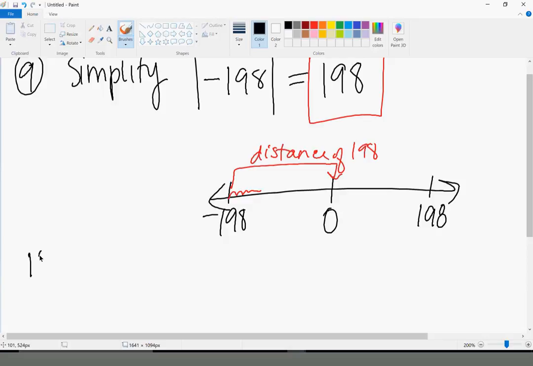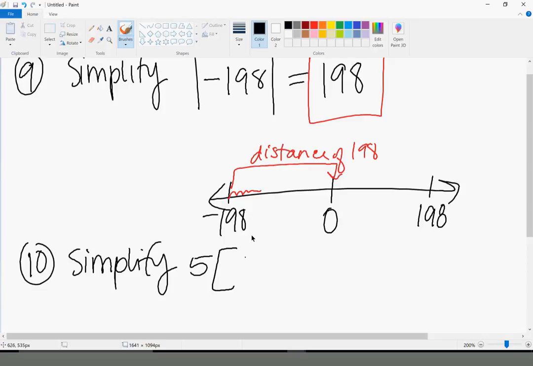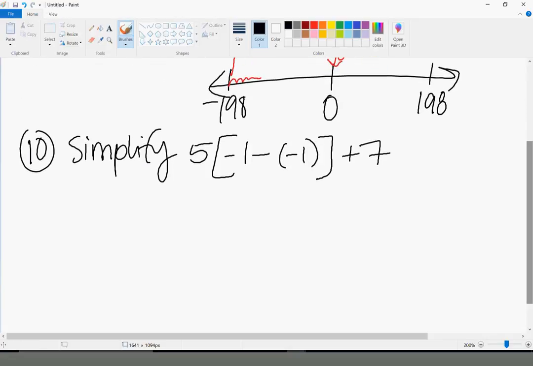Okay, let's look at the next one, number 10. We're going to simplify 5 times [-1 minus -1] plus 7. Okay, so this is another order of operations problem.